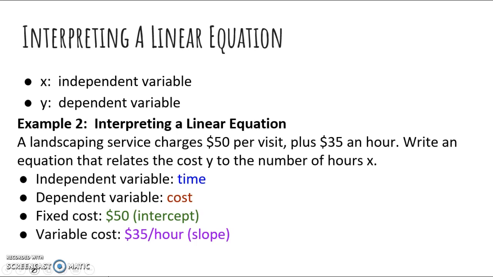So we can just fill these pieces into the slope-intercept formula, and we have y equals 35x plus 50. So slope is your rate of change, in this case our variable cost. Y-intercept, our b, is your fixed cost, or your starting value.